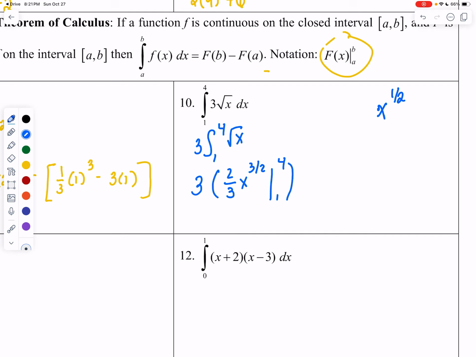I still have the 3 as my coefficient, but now I'm just going to evaluate 4 as my upper limit and then 1 as my lower limit. So now I have 2/3, 4 to the 3/2 minus 2/3, and then 1 to the 3/2, which is just 2/3. But just keep it like that.